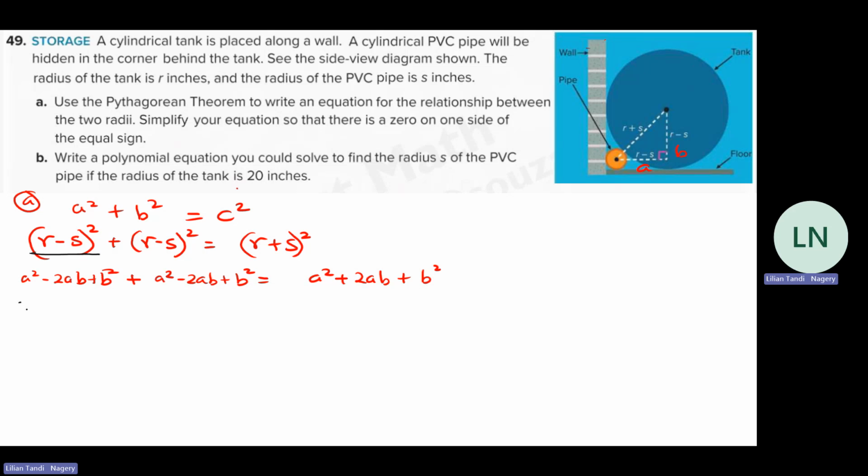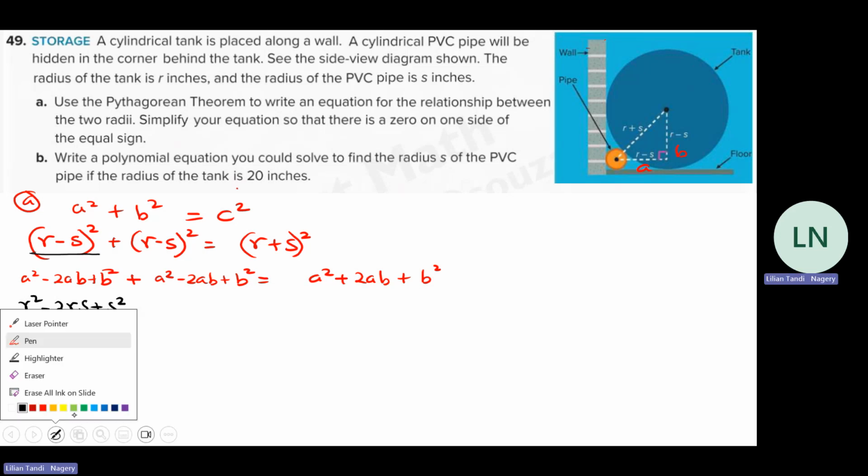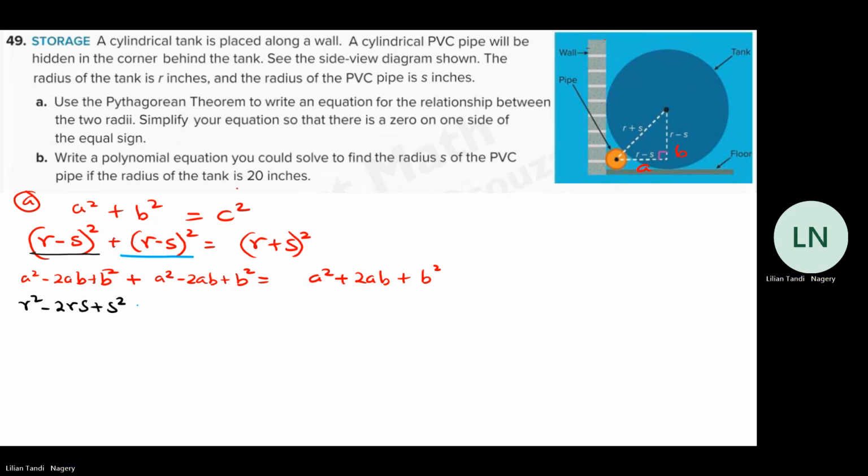So this will be r squared minus 2rs plus s squared, plus r squared minus 2rs plus s squared.